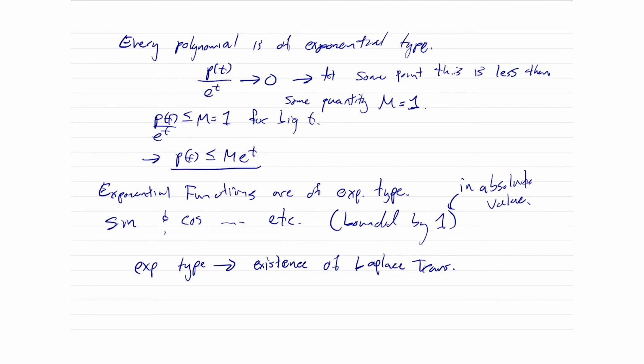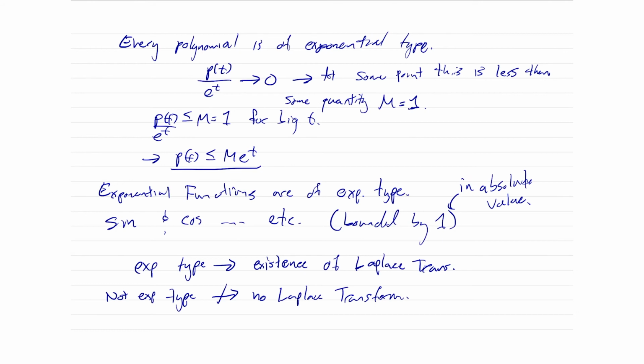But you don't need to be of exponential type to have a Laplace transform. So not exponential type does not necessarily mean no Laplace transform. It might not have a Laplace transform, but you'd have to do a little bit more work.